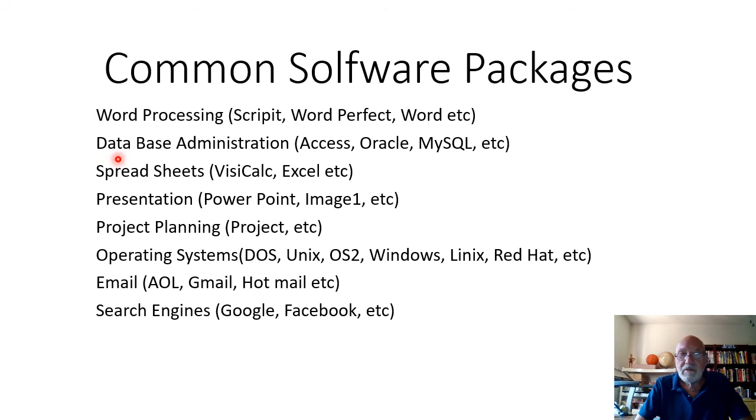These two other ones, database administration and spreadsheets, were the other two driving elements that helped many computers get sold. We could make the boxes, but we needed somebody to buy them. For database administration, we had things like Access, which is still alive today, Oracle, SQL, things like that. And we had spreadsheets. VisiCalc out of Boston was the first spreadsheet.